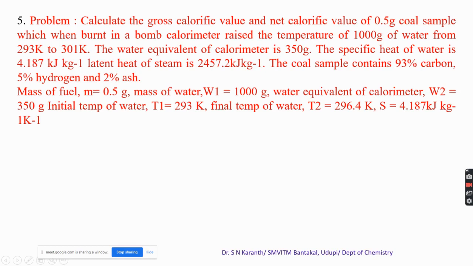Fifth problem. Calculate the gross calorific value and the net calorific value of 0.5 gram of coal sample. M is 0.5 gram, which when burnt in a bomb calorimeter raises the temperature of 1000 gram of water, that is W1 is 1000 gram, from 293 to 301 Kelvin.